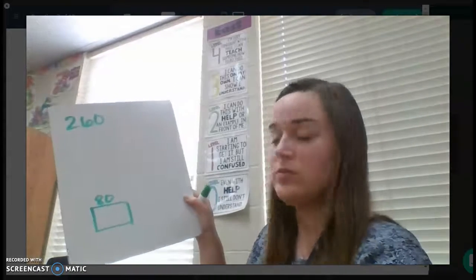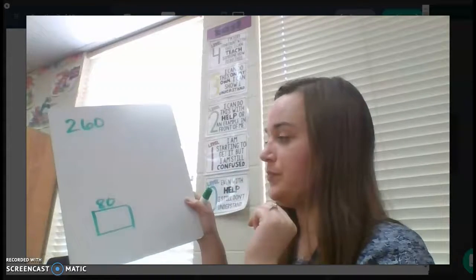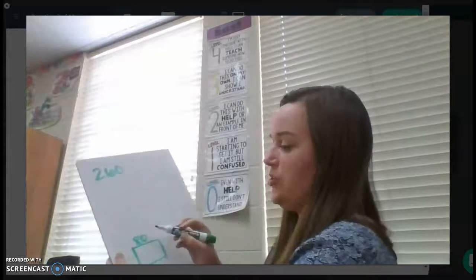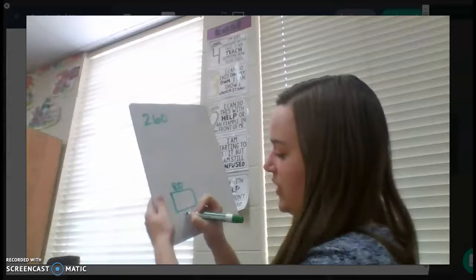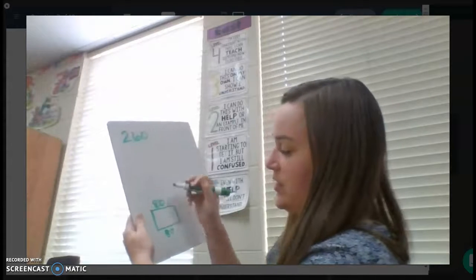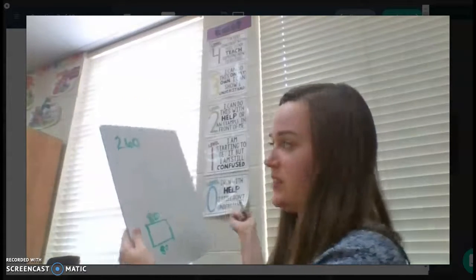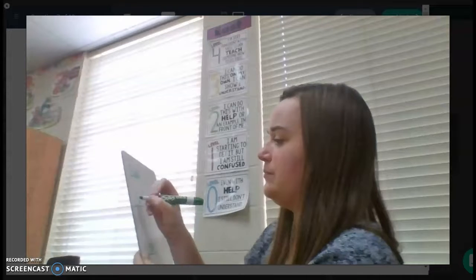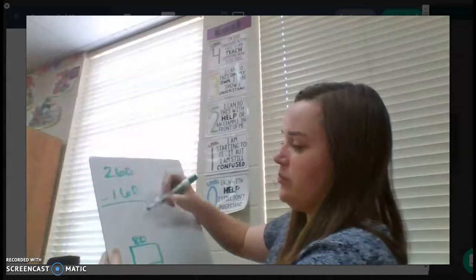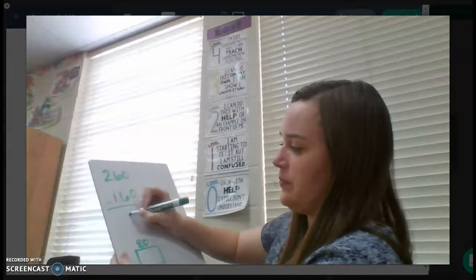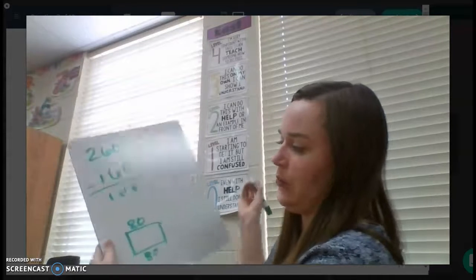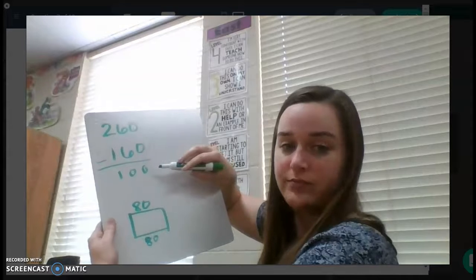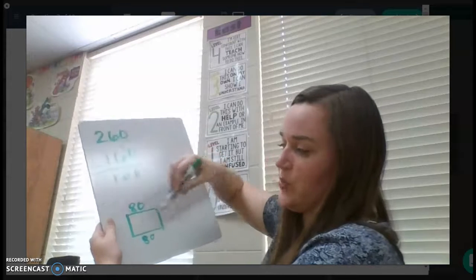We can do that two different ways. First way is we subtract. We know that the other side is going to be 80, and these both together will be 160. So we can do 260 minus 160. We know that our leftover is going to be 100. Now we just have to split that between two sides.